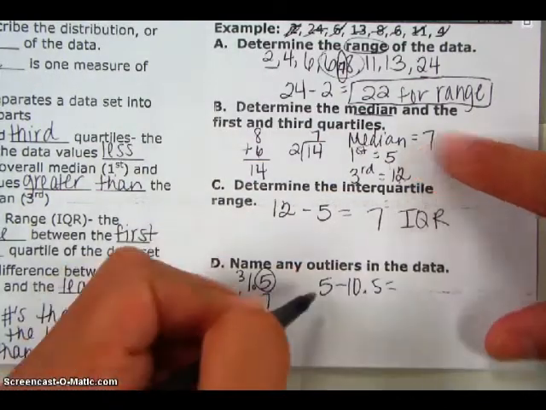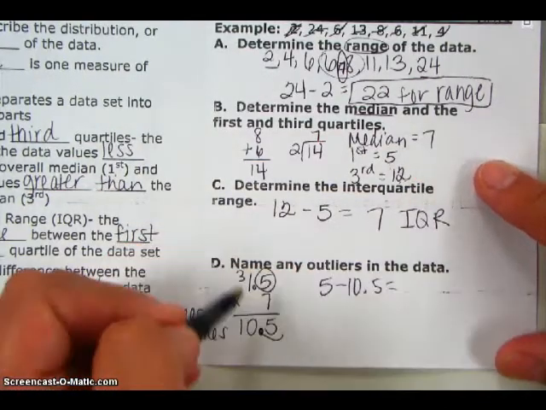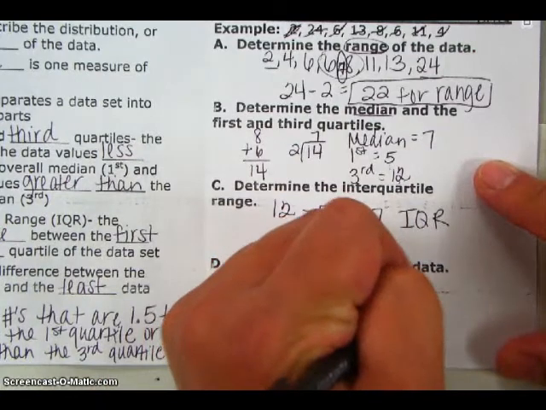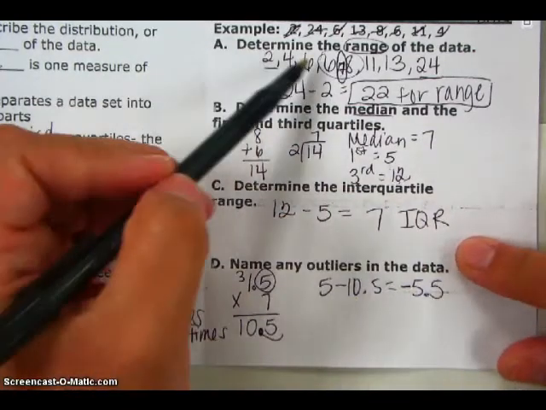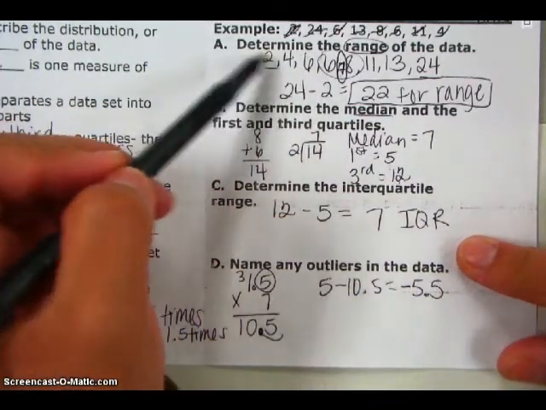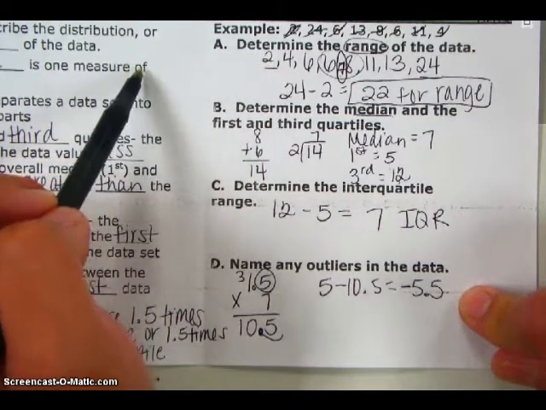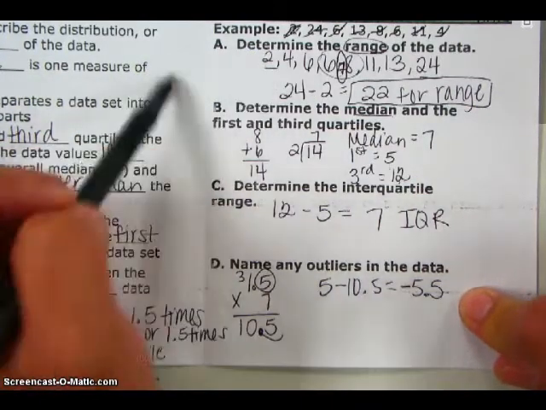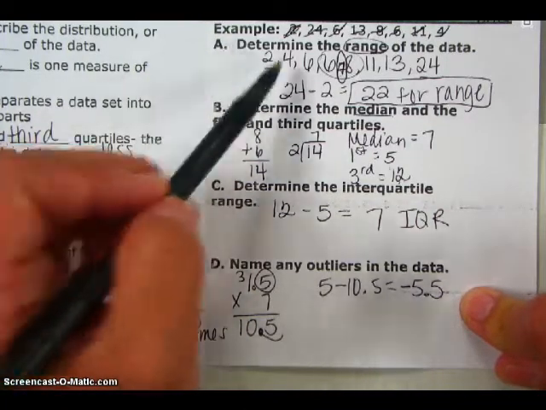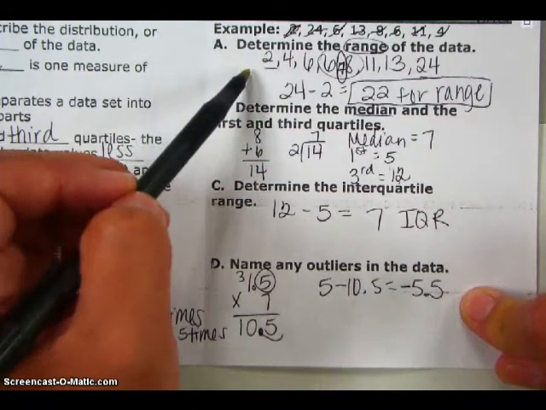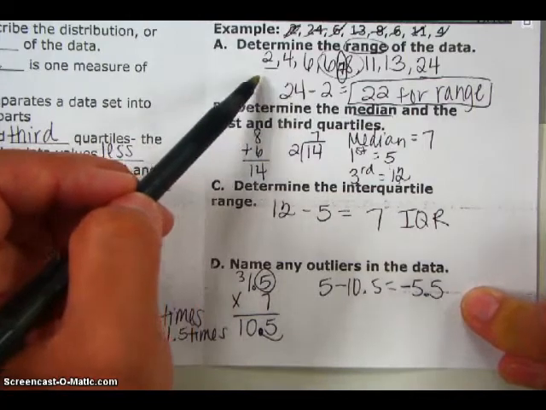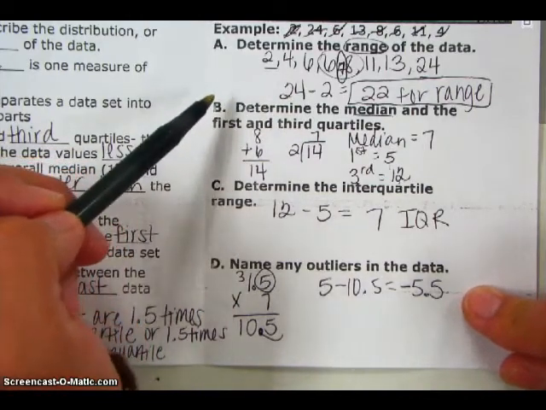Well, when I take a whole number of positive 5 and subtract 10.5, I get a negative 5.5. So as long as none of our values on the left side of our median are farther out than negative 5.5, there are no outliers over here. So on this side of our data, since nothing is less than negative 5.5, we don't have any outliers on the left side of our data.